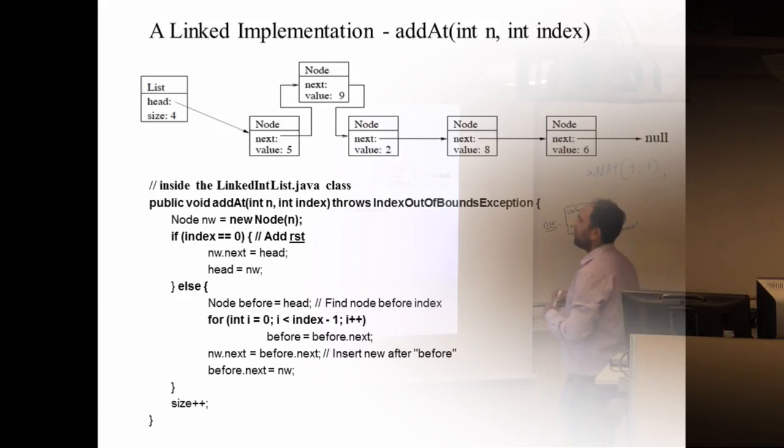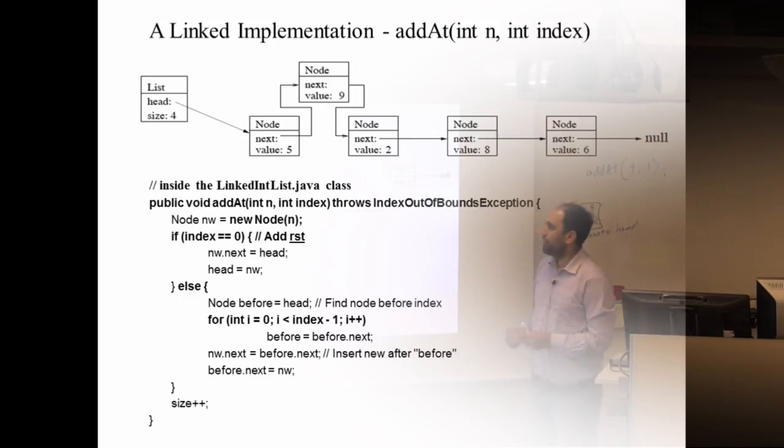It means that now this new element will be pointing to what the head was pointing to earlier. By doing this, the new element will have the address of the earlier element, and then we simply point the head to the new node.